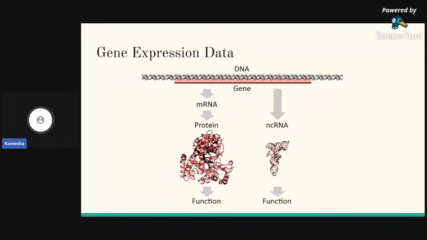There are various techniques used to extract gene expression data, and the main problem is that the data set is usually really huge and contains lots of data that couldn't be processed using normal conventional methods.